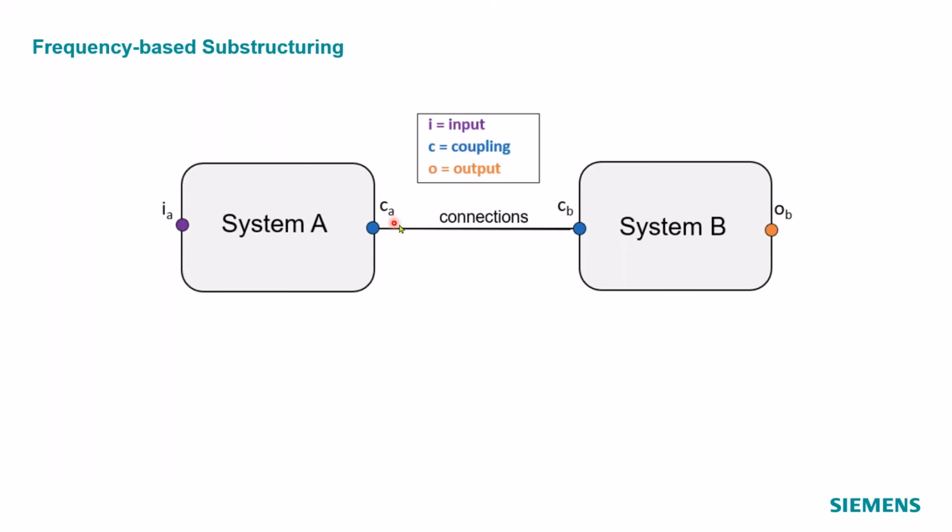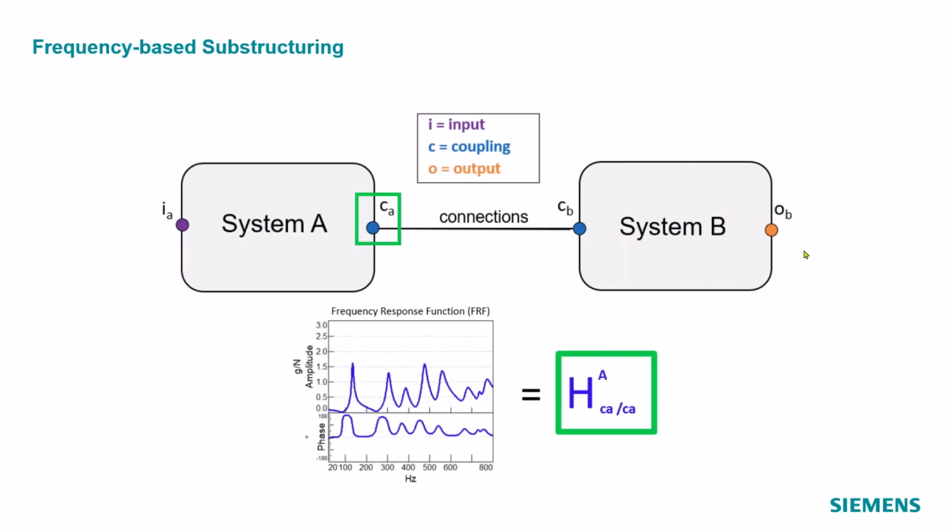And the subscripts here just mean it's the connection or the coupling point on system B. This is system A, input on system A. And then finally, the output is in orange, and that's the output on system B. So we expect forces or loads to be going from left to right in this system, just because this is our subframe in this example, and this is our body receiver. And output on system B is really our driver's ear microphone.